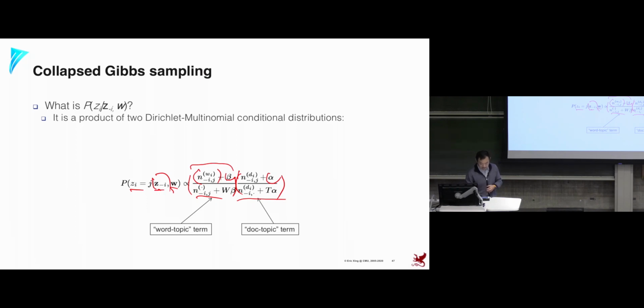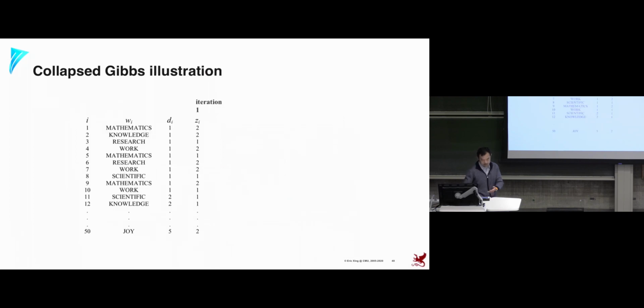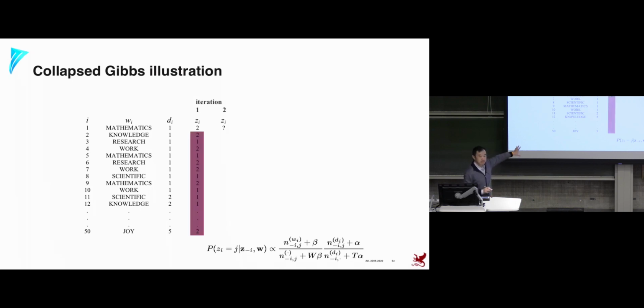And then once you have this, what you can do is just go very robotically the following. You just keep this tally of the z indicators for every word in every document. Okay, and then every time you pick one of them to be sampled, conditioning on everything remaining, all the other counts, using this formula.